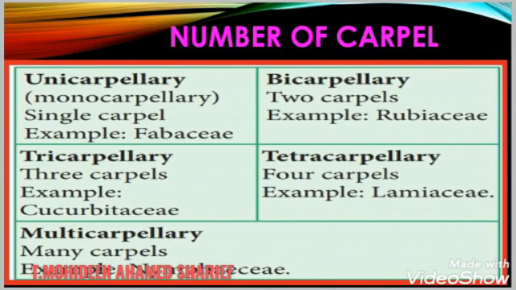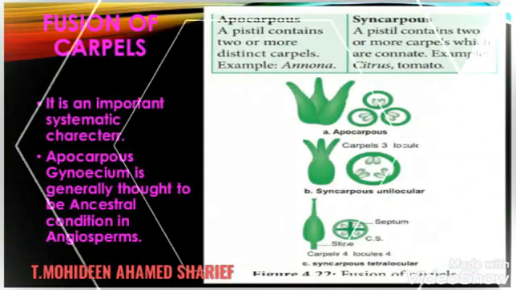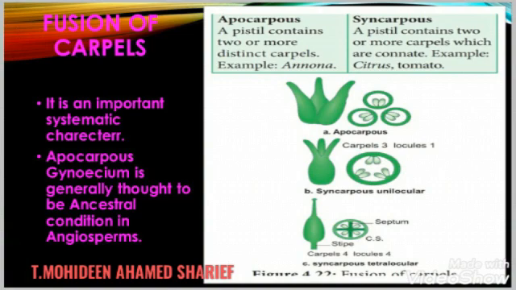Whereas in syncarpous, a pistil contains 2 or more carpels which are connate, example citrus and tomato. So these are the types based on fusion of the carpels. The syncarpous is again differentiated into syncarpous unilocular and syncarpous tetralocular.